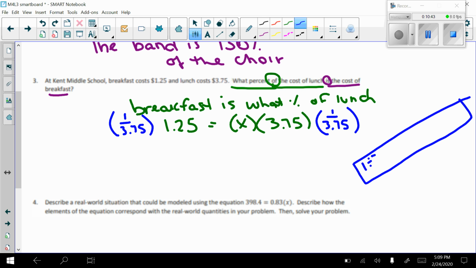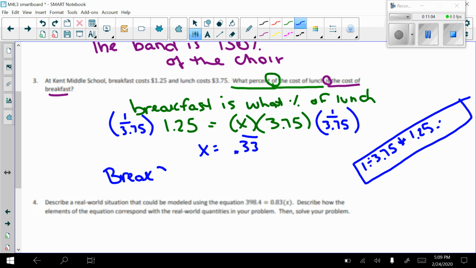One divide 3.75 times 1.25 equals, and I get x equals 0.33 repeated. What does that mean in this story?